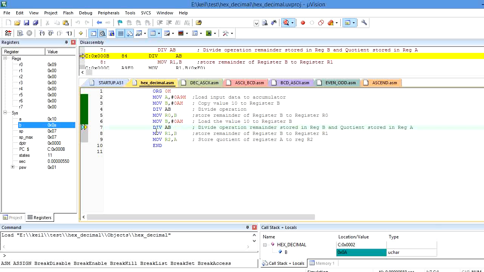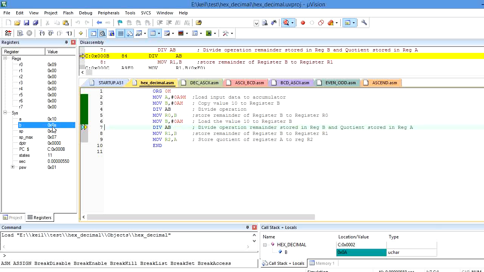After that, again I am going to perform the division operation. Whenever I perform a division operation, A contains the quotient and B contains the remainder. Before execution, A contains 10H, that is a hexa value, and B contains 0A, that is also a hexa value.